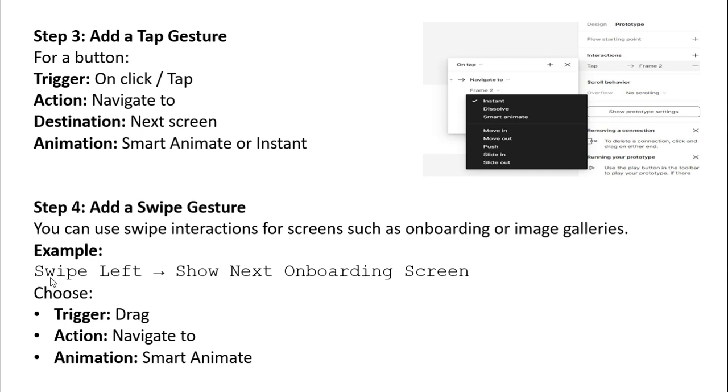For example, swipe left to show the next onboarding screen. Choose the trigger as drag, and the interaction inside the plus sign is click. Choose drag, and as an action navigate from one screen to another, and for the animation choose smart animate.